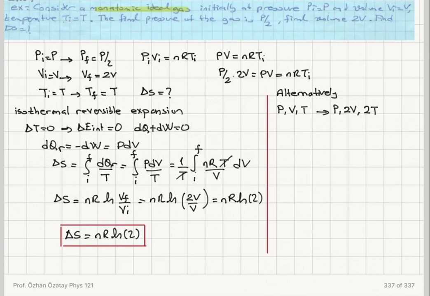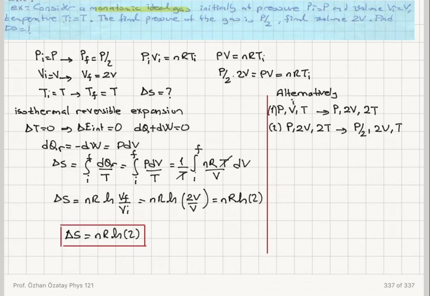And then I will go in two steps. In step 2, I will go from P, 2V, 2T to P over 2, 2V, back to temperature T.